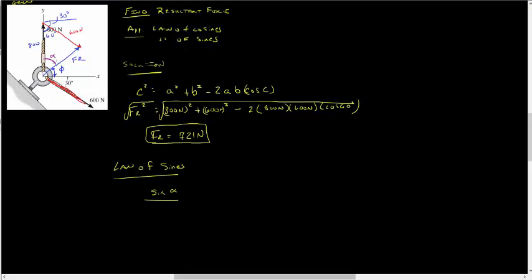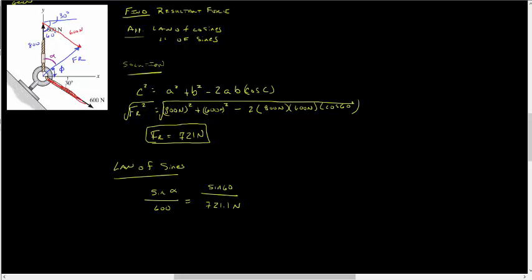Alpha is opposite of 600, so I would write 600. And then I would say sine of alpha over 600 is equal to the sine of 60, because now I have to have something known. So I know this is 60, and I've solved for my resultant force, which was 721.1 newtons.